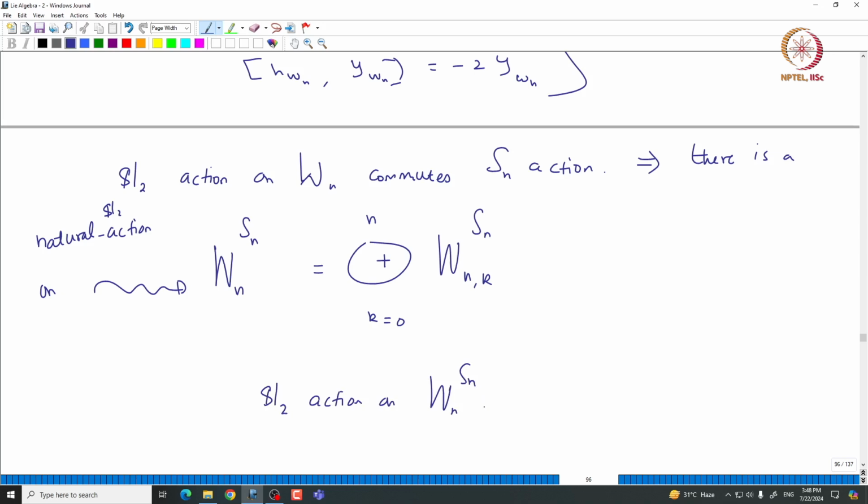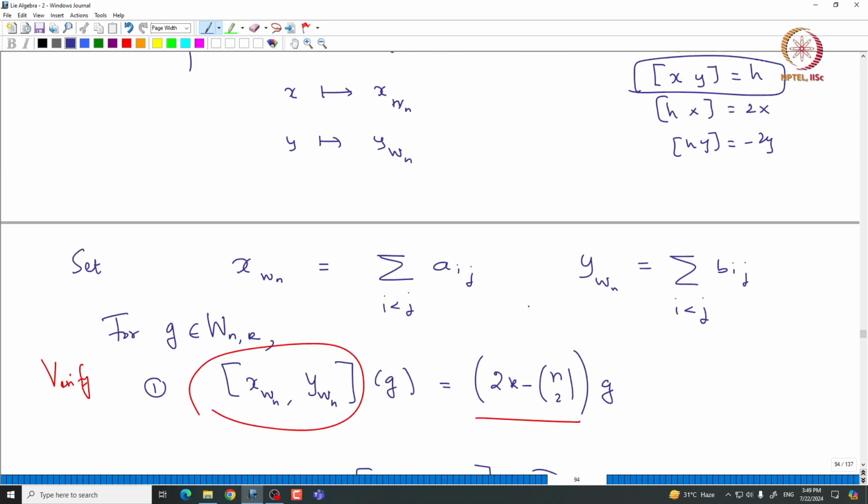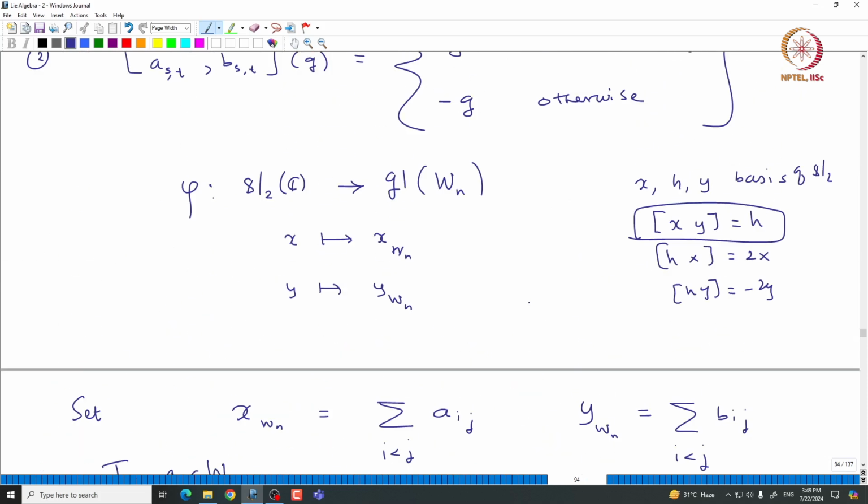Now, what about H, how does H act? H acts diagonally, because that is a computation that we did on W_n^k itself.